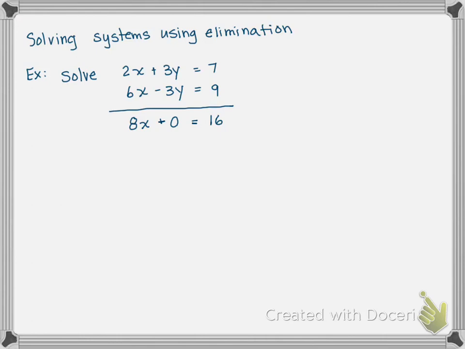And that happened because when we added our y's, we got 0. So, of course, 8x plus 0 is just 8x. So we have 8x equals 16, so x equals 2.